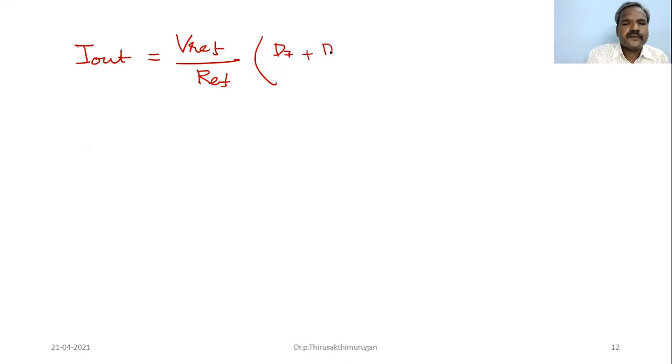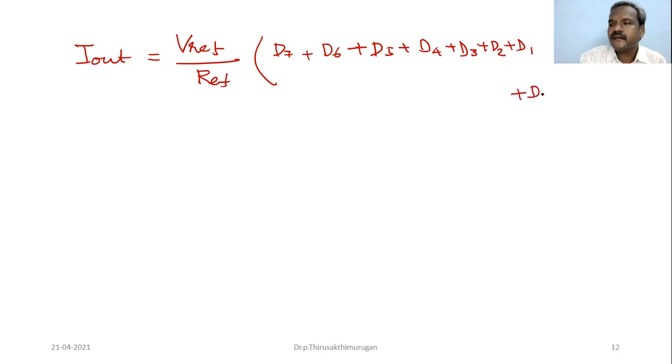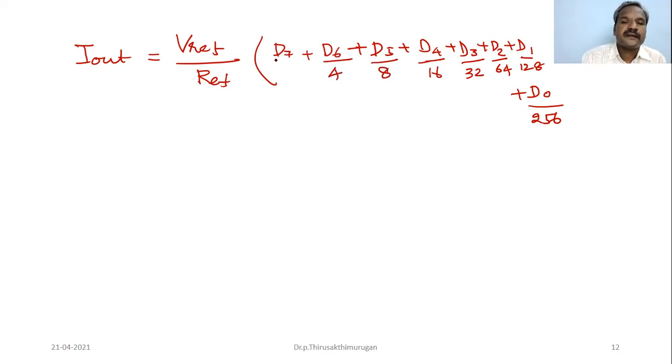Multiplied by B7, B6, B5, B4, B3, B2, B1 plus B0 over the 8-bit weights: 256, 128, 64, 32, 16, 8, 4, 2.